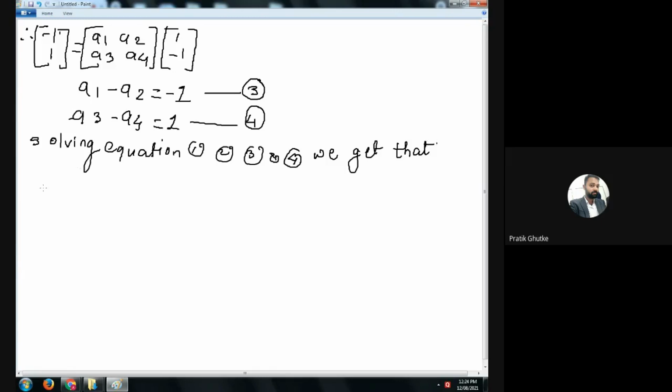Now solving these equations, you have to do addition, subtraction from equations 1, 2, 3 and 4 to calculate the values of A1, A2, A3 and A4. So the value of A1 would be 2, A2 would be 3, A3 would be 3, and then A4 would be 2.